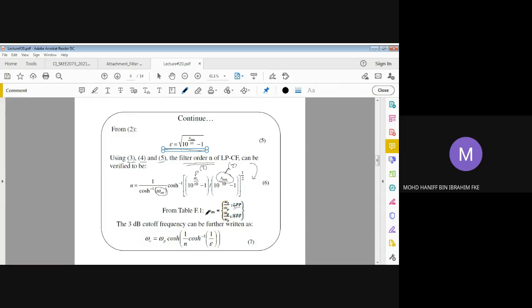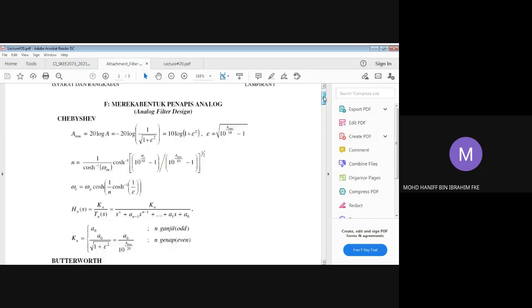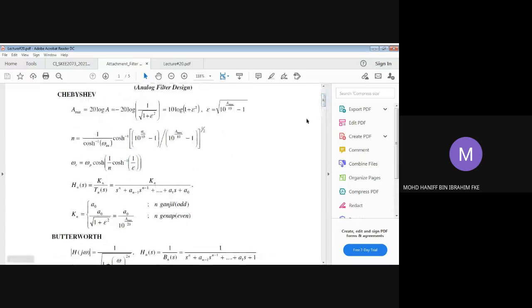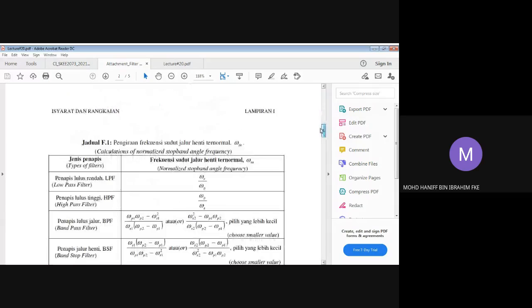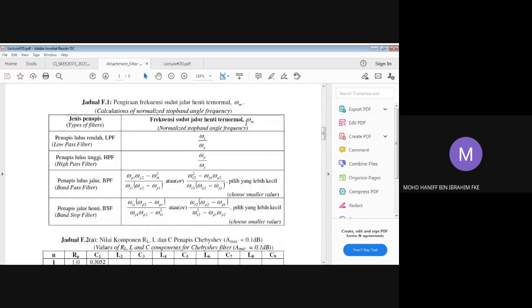You can refer to table F1 here. This is the attachment that you're supposed to have in your Google Classroom. The first picture is for Chebyshev parameters, all the equations related to Chebyshev filters. So what I meant just now is this table F1. Omega Sn for the case of low pass filter should be this.